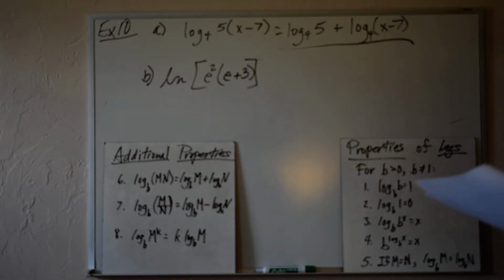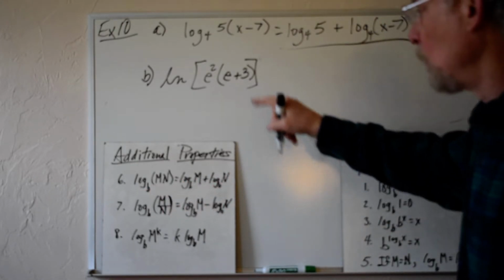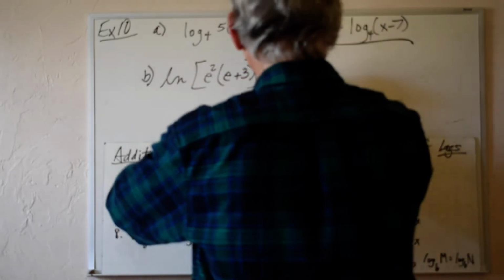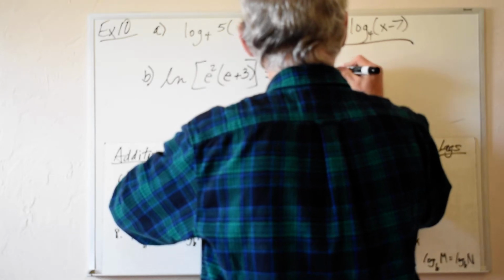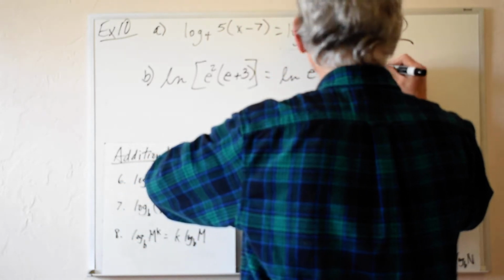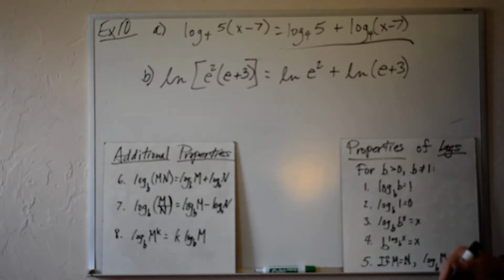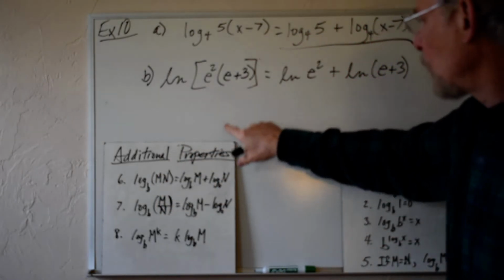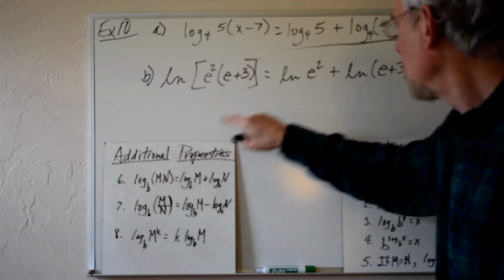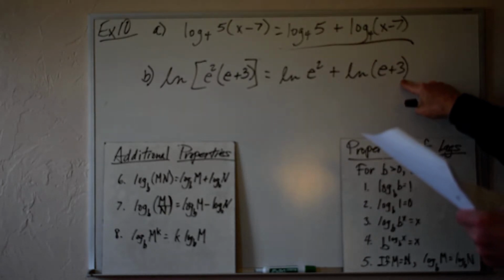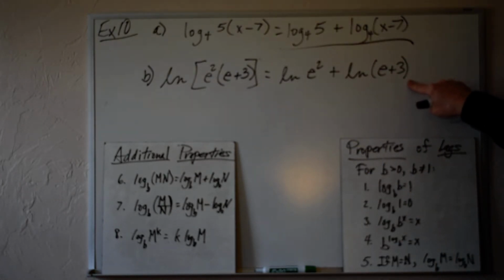So the first thing to do is to apply our rule for multiplication, and we'll deal with that exponent next. Okay, e plus 3 plays the role of n, e squared plays the role of m. So I break it up like that. Now, there's nothing I can do over here. We're stuck there, we're finished.